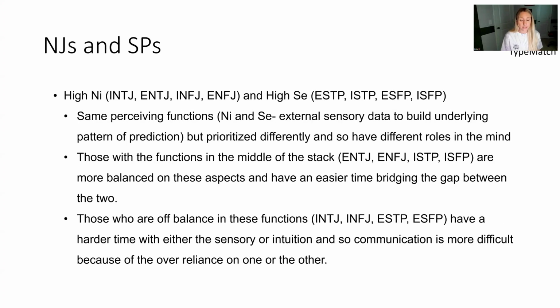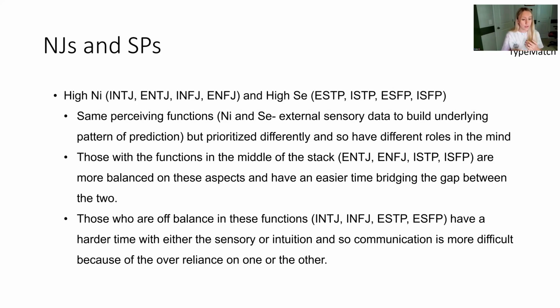Then we go to NJs and SPs. These guys have the same perceiving functions of NI and SE, but just a different prioritization of these functions in the stack. They either are more oriented towards the external experiential data and hold back a little bit on narrowing down to the intuitive path, or they are more focused on narrowing down to the one overarching pattern and seeing that with less experiential data.